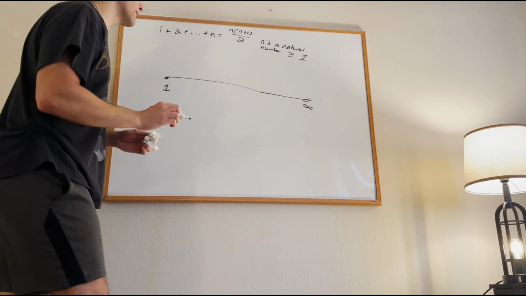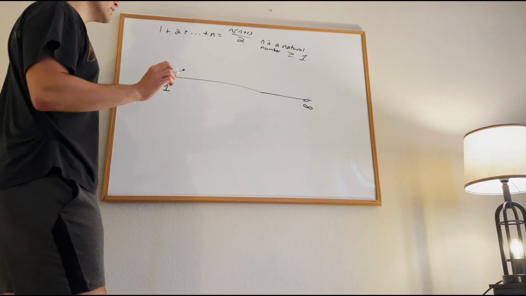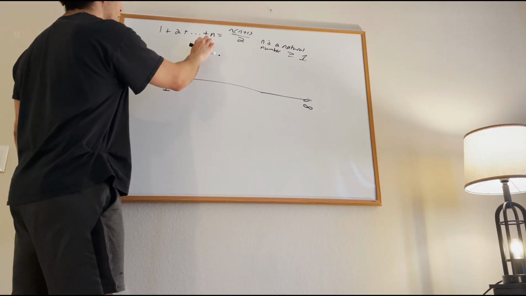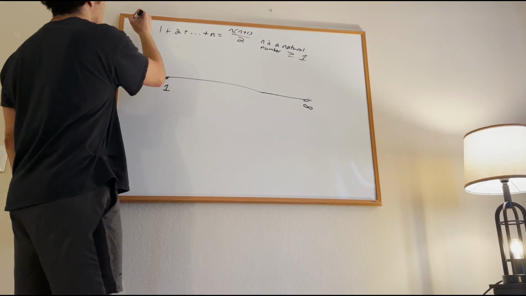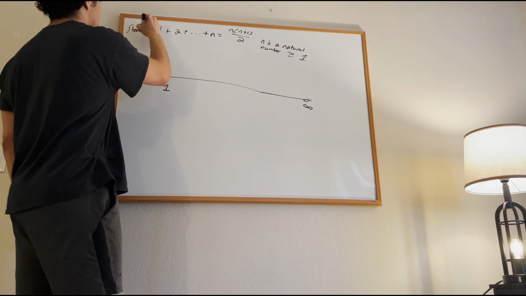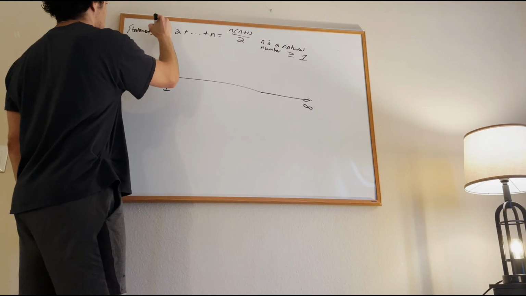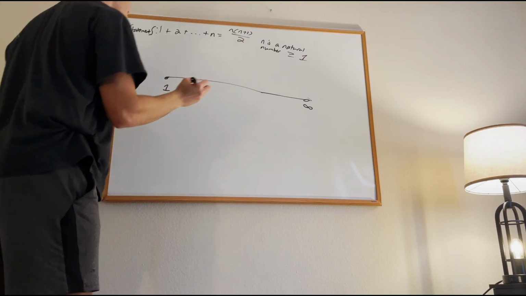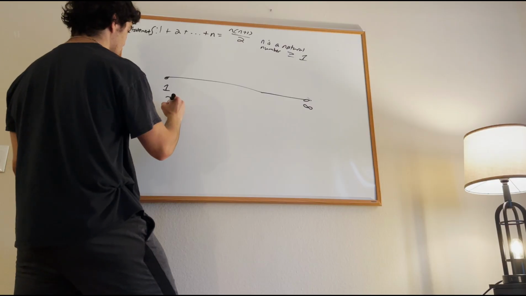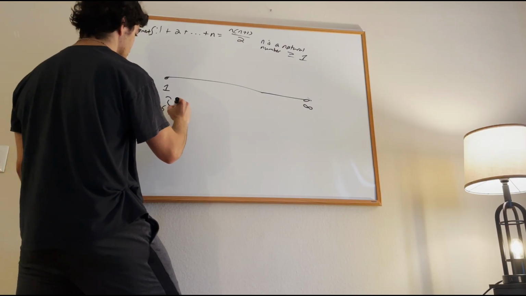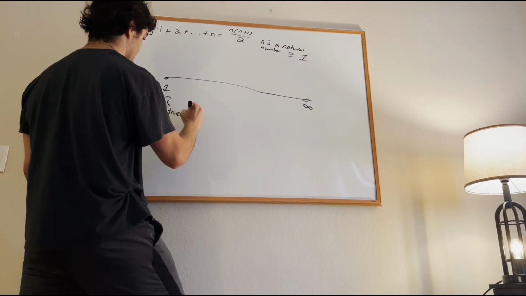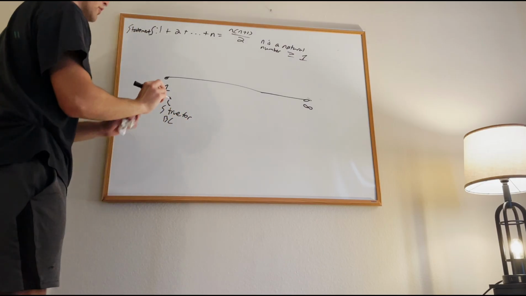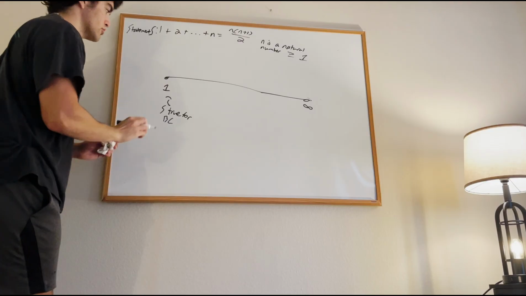Okay, so how does this work? Basically, we want to prove a statement, which I'm going to call S. We want to prove that S is true for the base case, the base being our smallest number, so for 1.